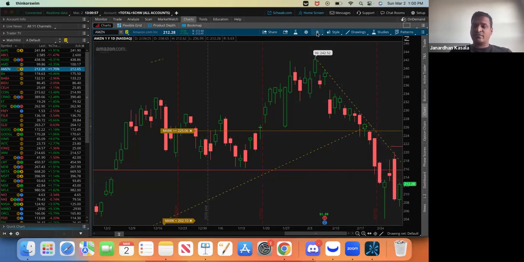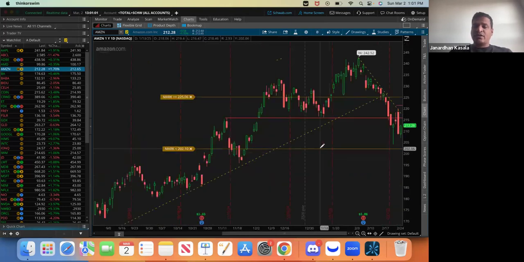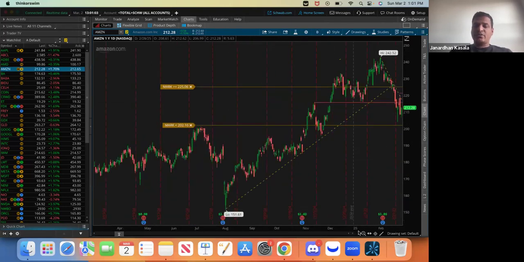In fact, this is what I was actually waiting for, a retest around this level. This is why I have this alert set here. I was waiting for this level to retest. It did not happen. It reversed here. But the last couple of days, Thursday, actually pulled it down.